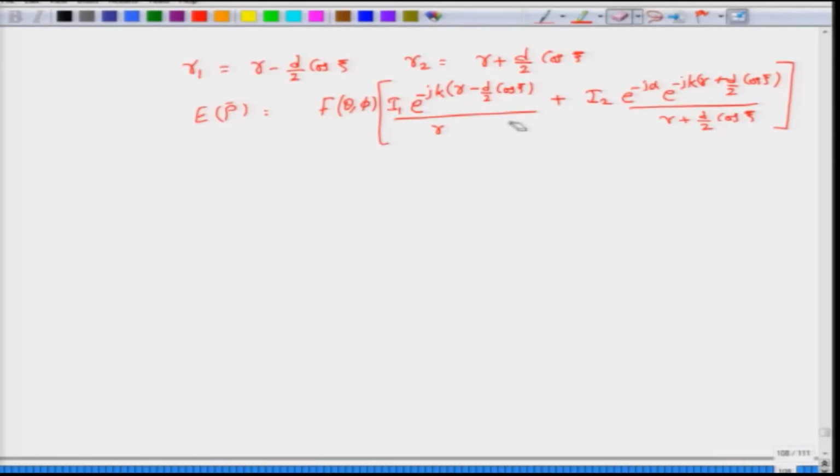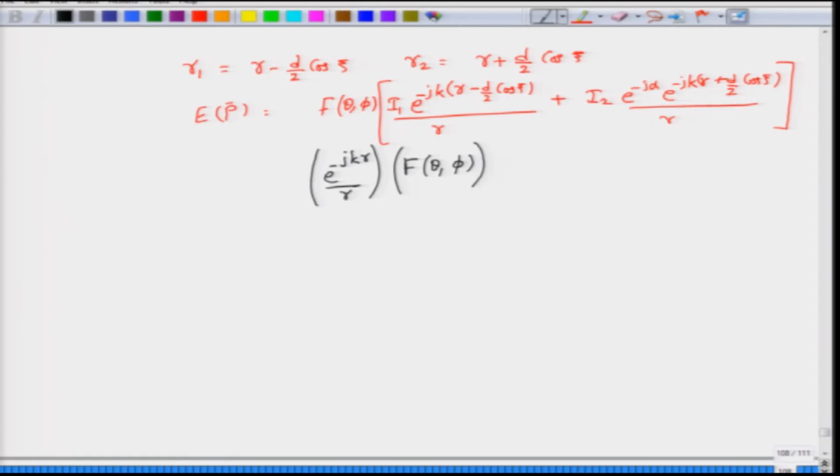So, in the approximation I can neglect this d by 2 cos zeta in the denominator and have only r written there, and there is an e power minus j k r in both terms which can be thought of as a common factor and pulled outside of the summation. So, I have e power minus j k r divided by r, which is the spherical pattern that you expect, and f of theta phi, which is the antenna pattern.